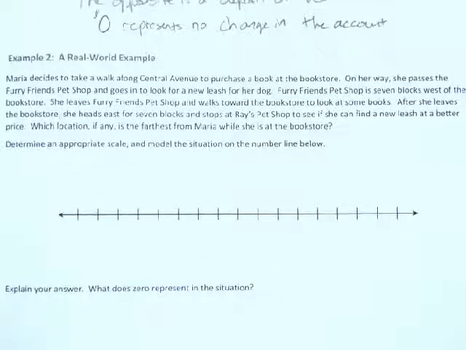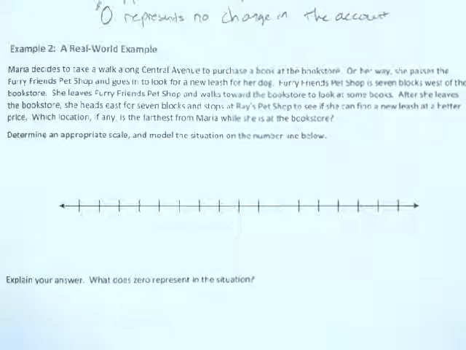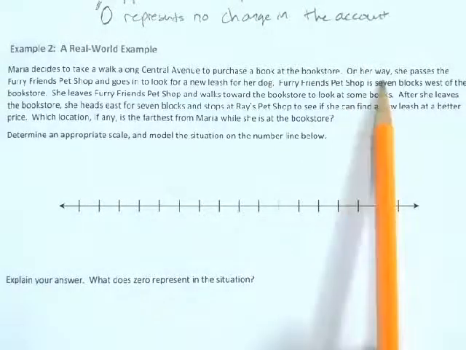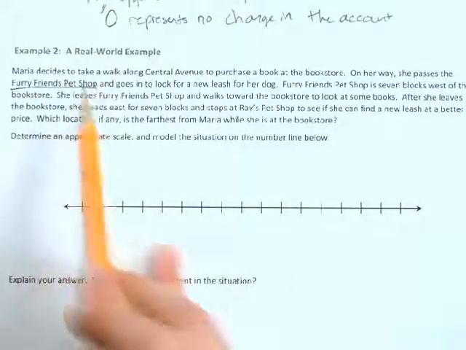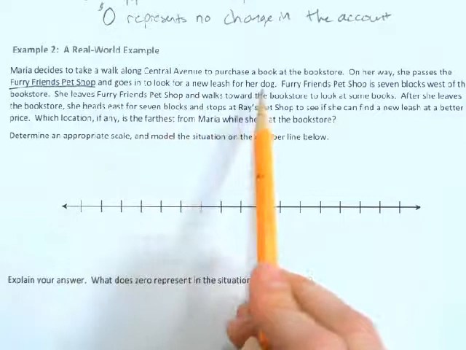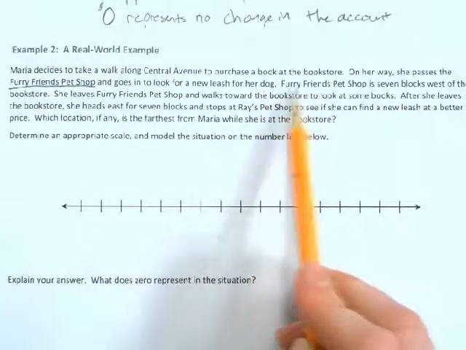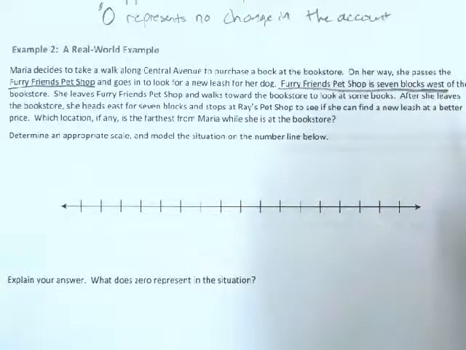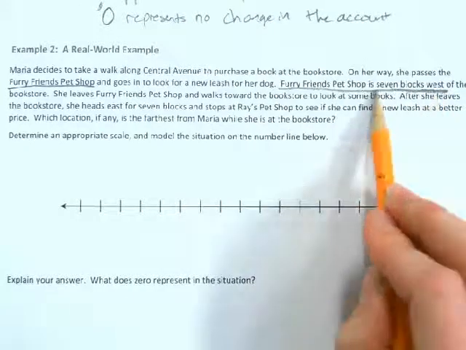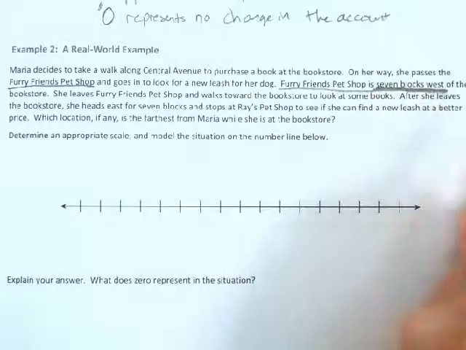Your second example. Maria decides to take a walk along Central Avenue to purchase a book at the bookstore. On her way, she passes the Furry Friends pet shop and goes in to look for a new leash for her dog. Furry Friends pet shop is 7 blocks west. So this is going to be something we have to remember. 7 blocks west of the bookstore.